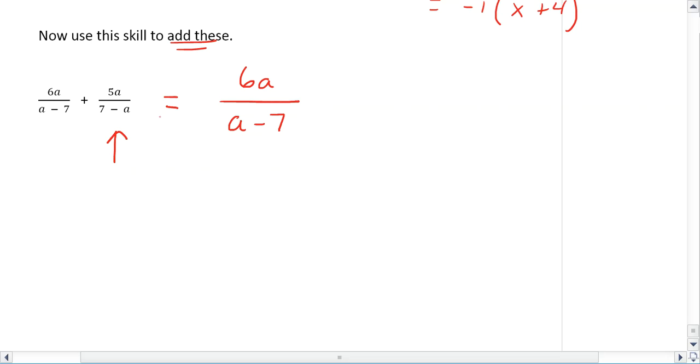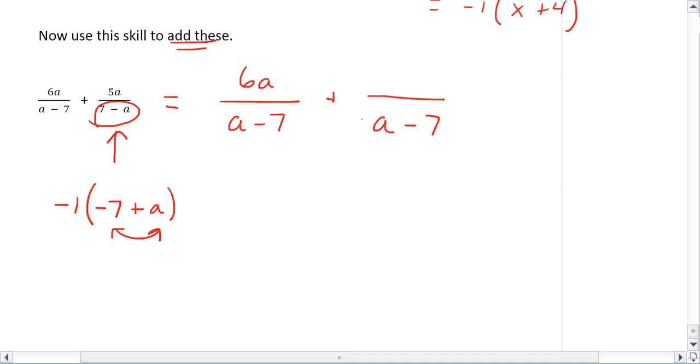So I want to be able to write this second fraction with an a minus 7 for the denominator. So let's work on this. Let's take out a -1. That would make the 7 negative and the a positive, and then I could switch them around.